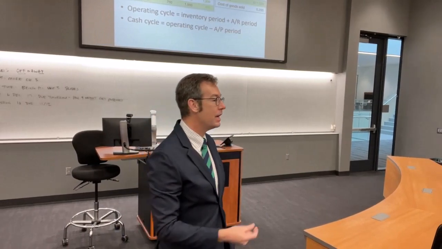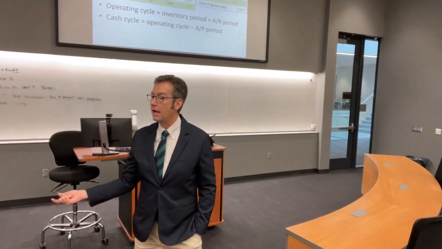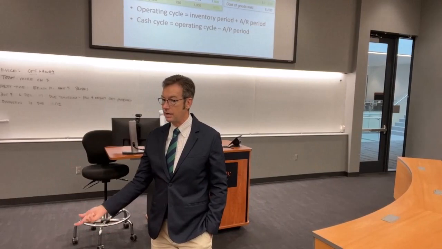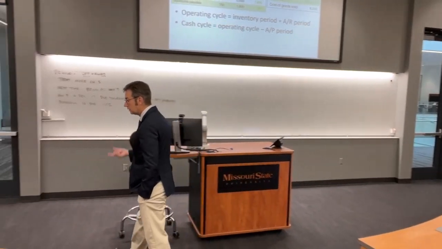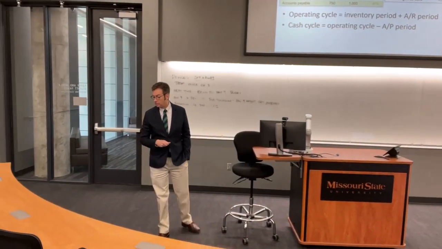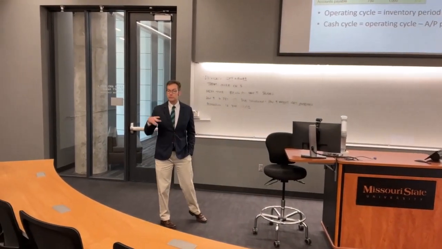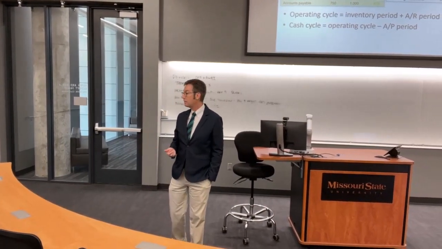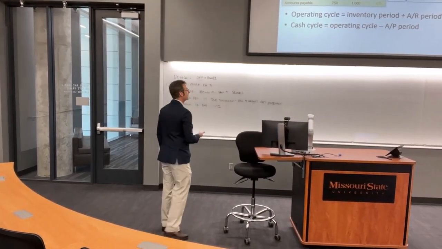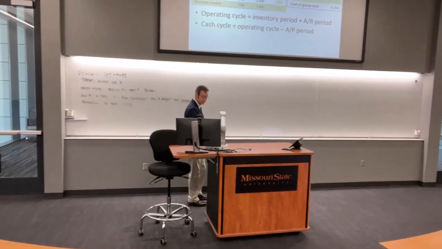Yeah, so the accounts payable is recorded at our cost, right? Does that make sense? Okay, so we're going to use cost of goods sold divided by accounts payable, and that's going to give us accounts payable turn. We'll take 365, divide by that, will give us our accounts payable days.